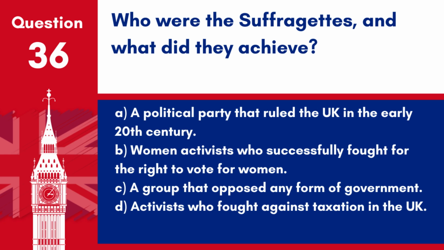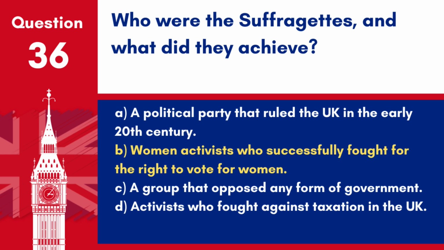Question 36. Who were the suffragettes and what did they achieve? A. A political party that ruled the UK in the early 20th century. B. Women activists who successfully fought for the right to vote for women. C. A group that opposed any form of government. D. Activists who fought against taxation in the UK.